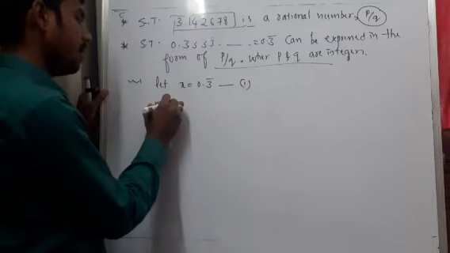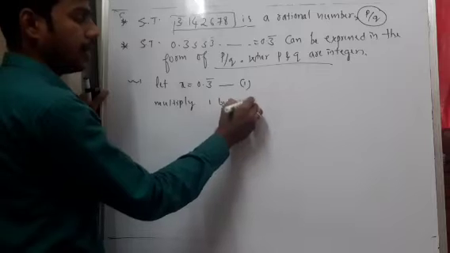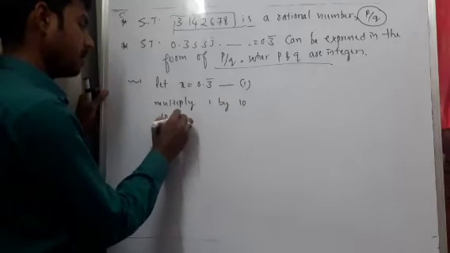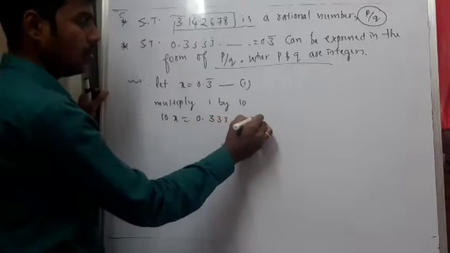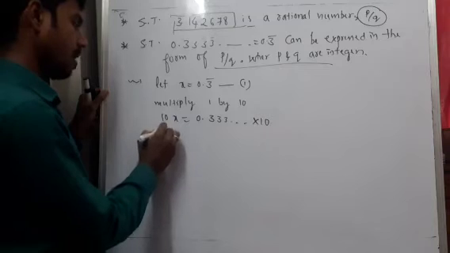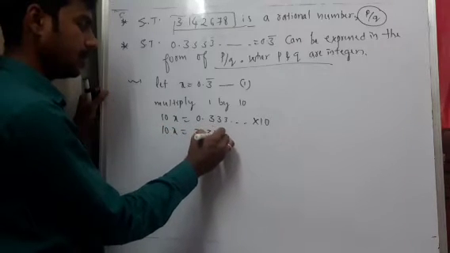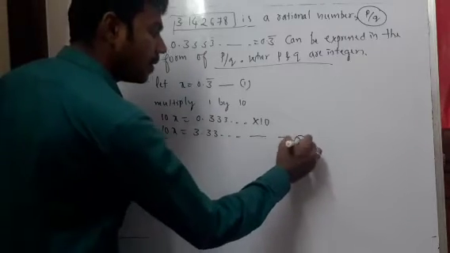Multiply by 10. So 10x is equal to 0.333 into 10, so 10x is equal to 3.33, and it is going to repeat. We will call this equation number 2.